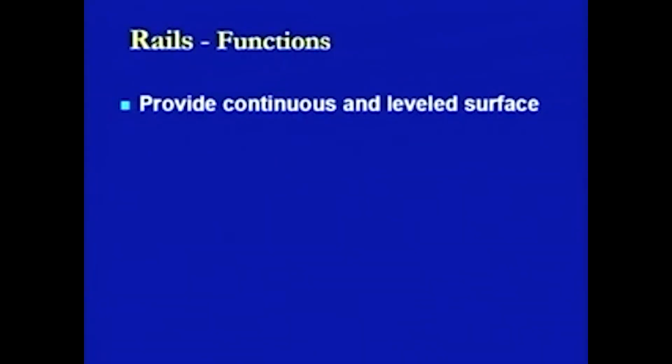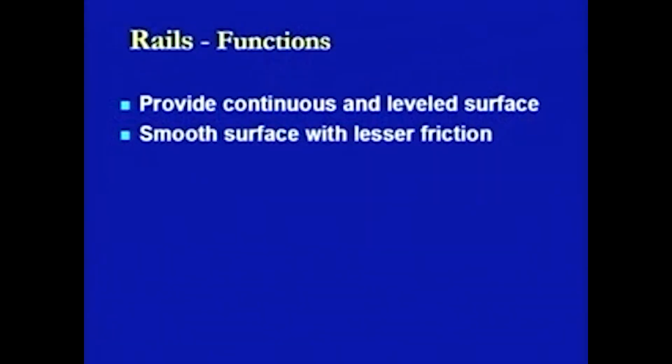Starting with the functions of the rails. The rails are provided so as to have a continuous and leveled surface on the track. Rail is a surface which provides the surface for the movement of wheels.